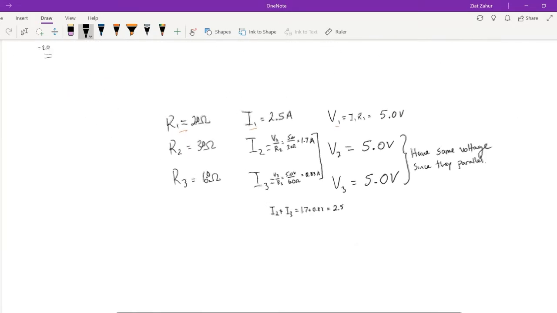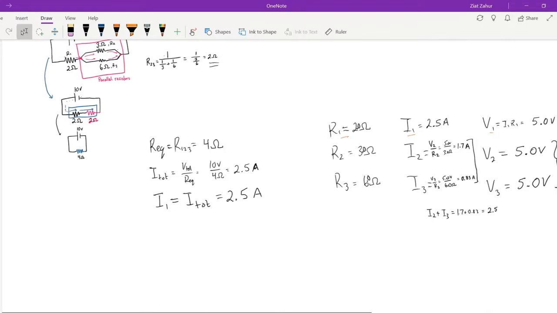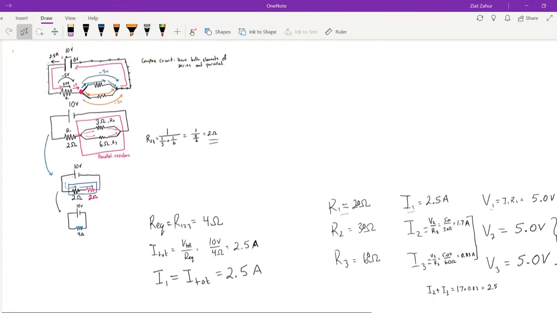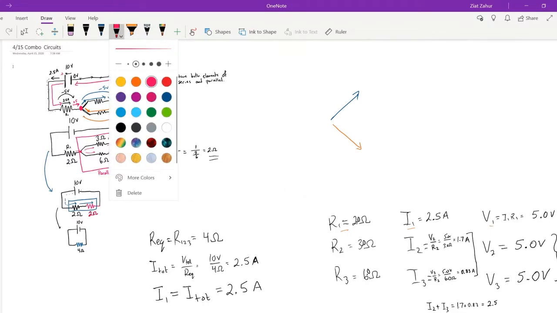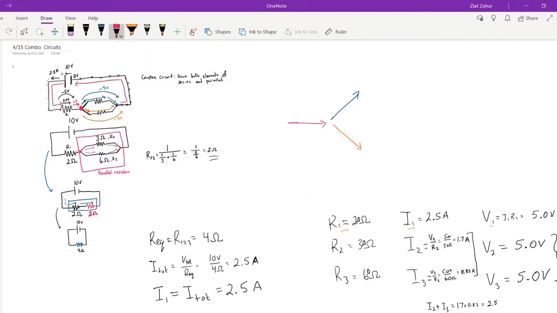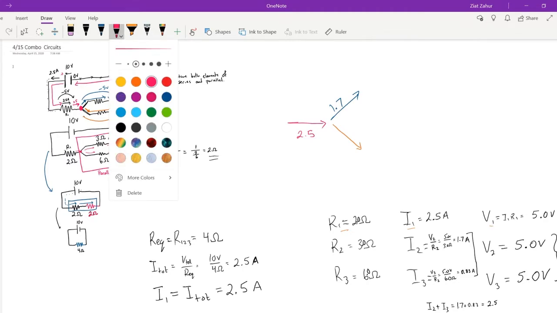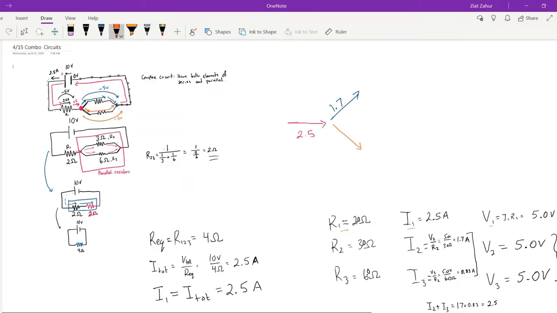You can see how, based on our junction rule, recall that we had blue going out, orange going out, and the pink going in. 2.5 went in, and it split up into 1.7, or it's like 1.66666, and 0.833333 amps.